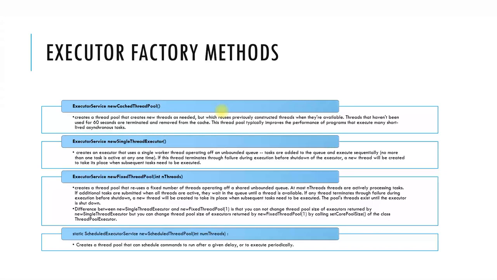Threads that haven't been used for 60 seconds are terminated and removed from the cache. This thread pool typically improves the performance of programs that execute many short-lived asynchronous tasks.